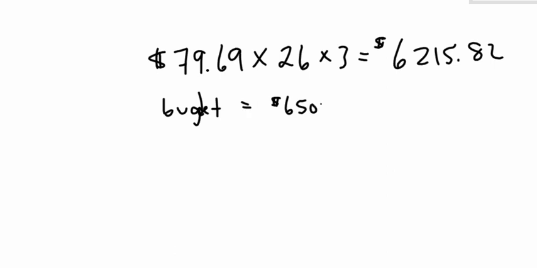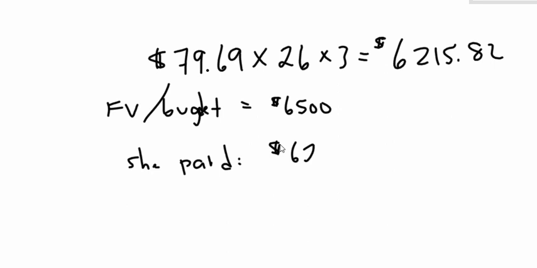So her budget, the amount that she wanted, was 6,500. That's the future value. She actually ended up depositing $6,215.82. Kind of looks like there's a weird extra decimal place. Let's just pretend it doesn't exist.